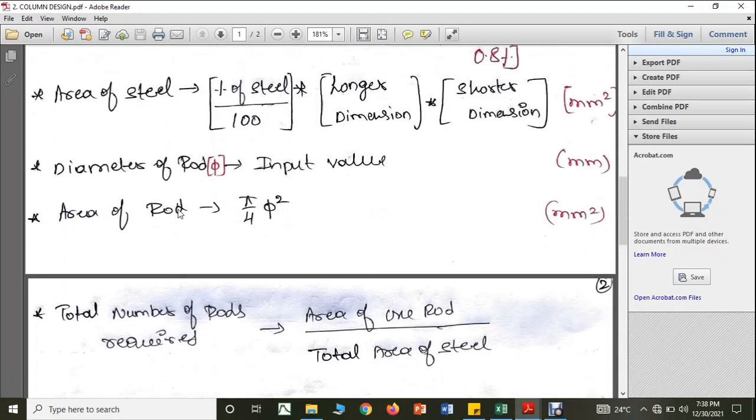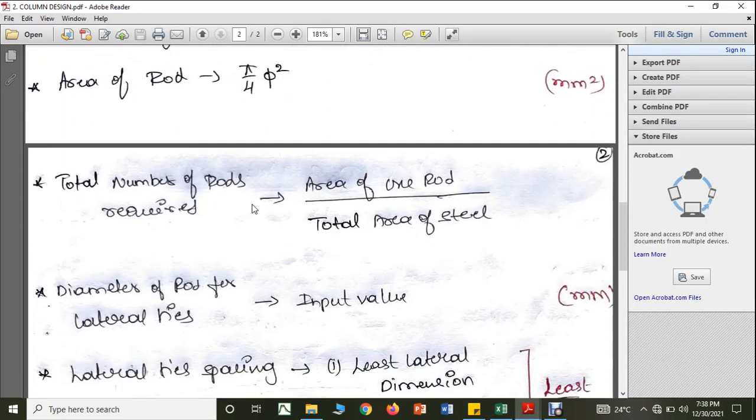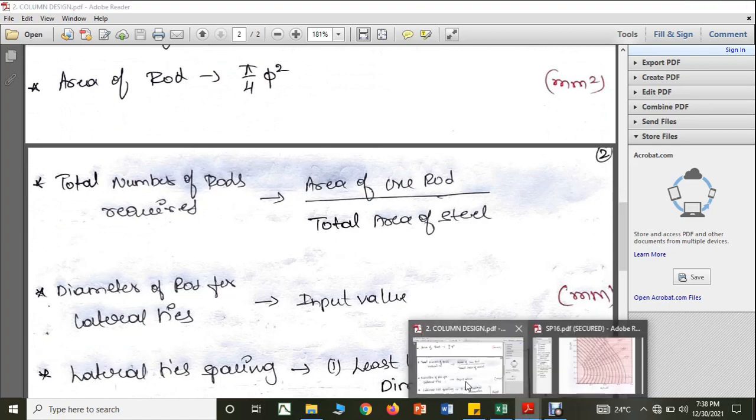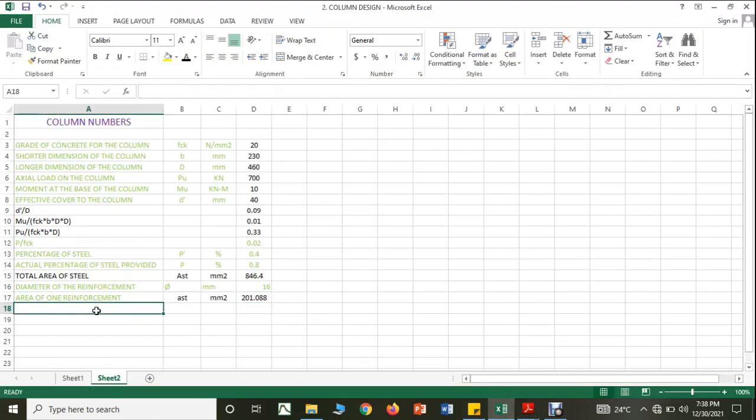You can see here the area of the rod, then you will get the total number of rods. This will not be in green color.